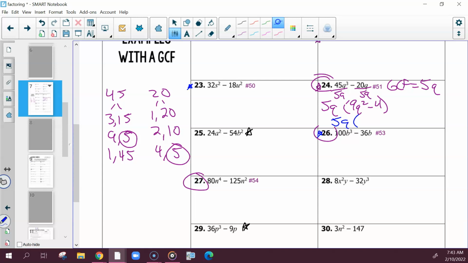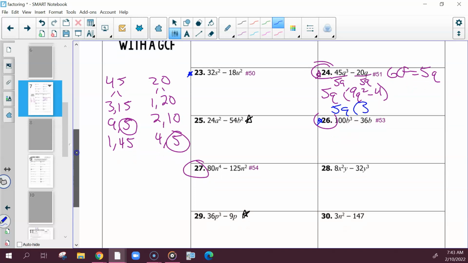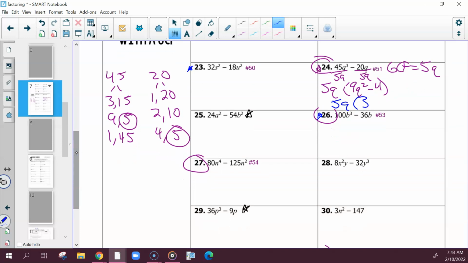What times what gives you 9? 3. What times what gives you q squared? q. And what times what gives you 4? 2. So we have 3q plus 2 and 3q minus 2.